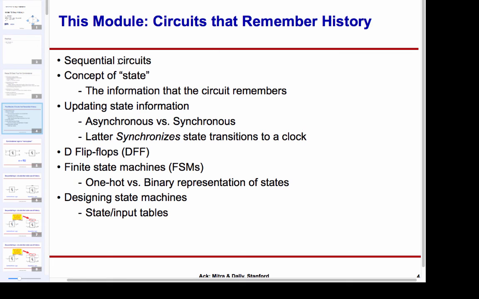Now, very trivially, history means everything that has happened thus far. The problem with history is that history is infinite. Okay, we can keep going back in time, and over time the circuit may have seen lots of different inputs coming in, and if I have to maintain all the history, then that would mean essentially I have to keep track of every input that was ever seen.